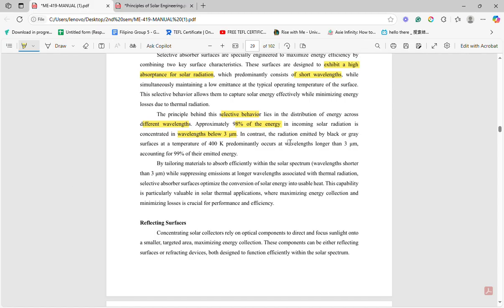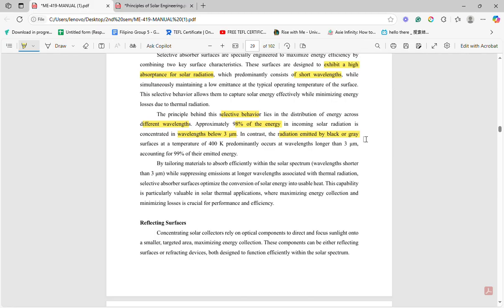In contrast, the radiation emitted by black or gray surfaces predominantly occurs at wavelengths longer than 3 micrometers, accounting for 99% of their emitted energy.